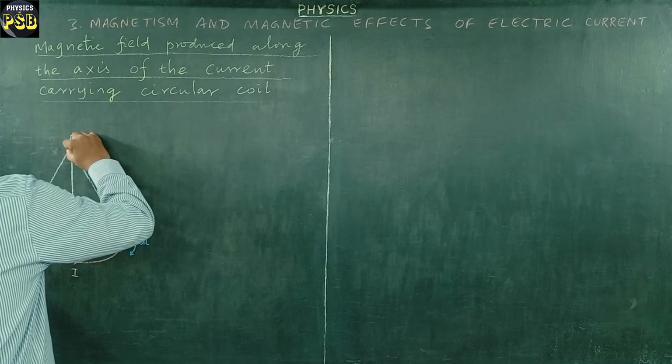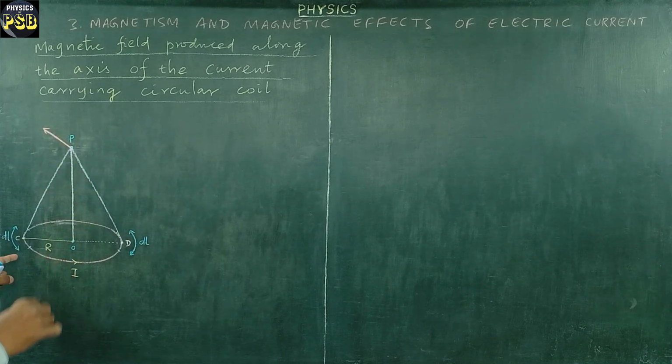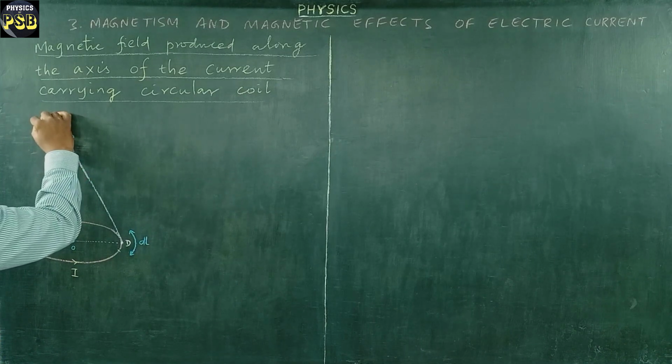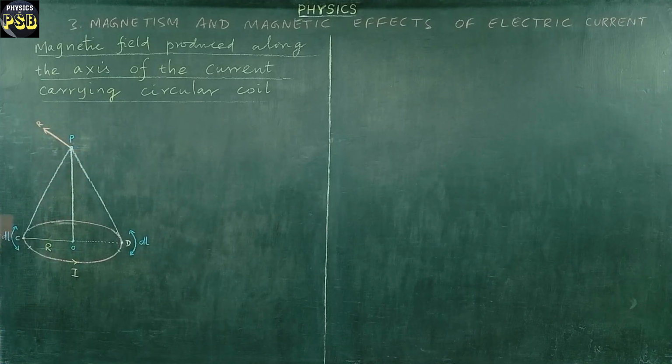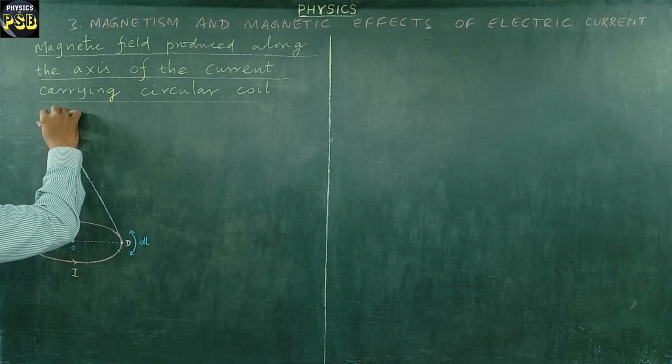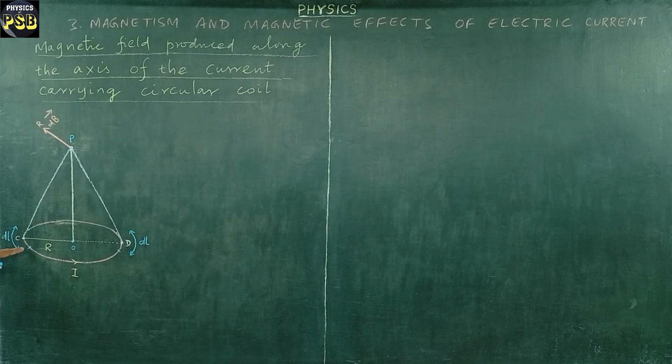Here, I draw a perpendicular line to CP. I name this one as PR. This line PR actually represents the magnetic field dB vector produced by this current carrying element. I call this one the current element now.